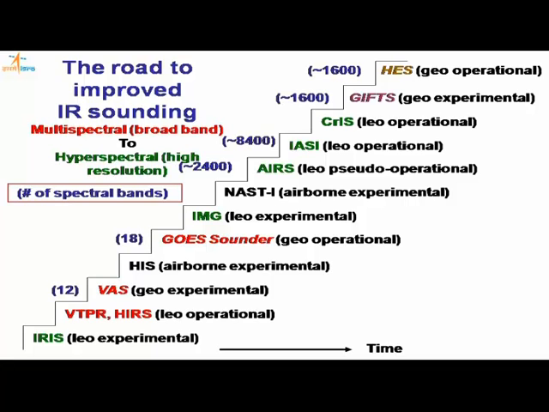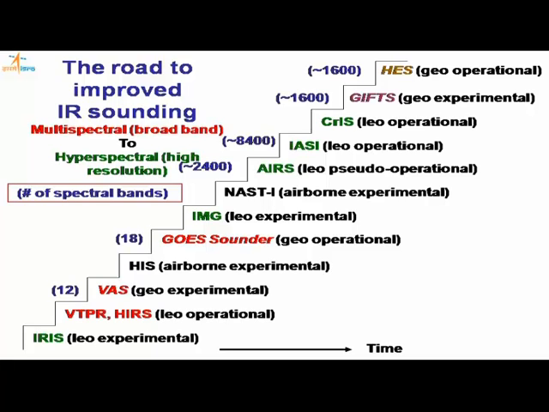The future satellites which have a hyperspectral sounder on board are GIFTS, the Geostationary Infrared Fourier Transform Spectrometer, and the Hyperspectral Environment Suite, which will be on board the American GOES satellite. So these are the future satellites, and this is the state of the art we have till now.